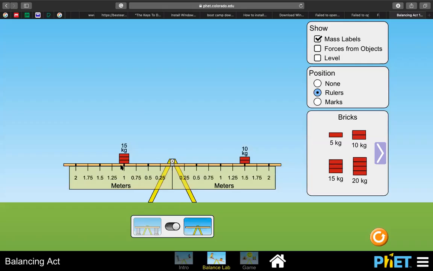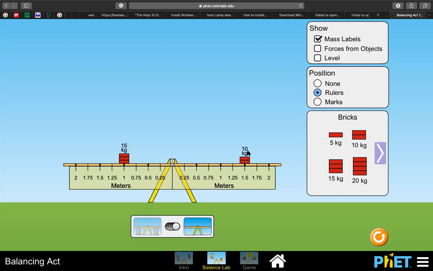So what is our weight for this now? 1500? No, 15 times what? 10. So that would be 150. And what is our weight for the mass over here? 100.